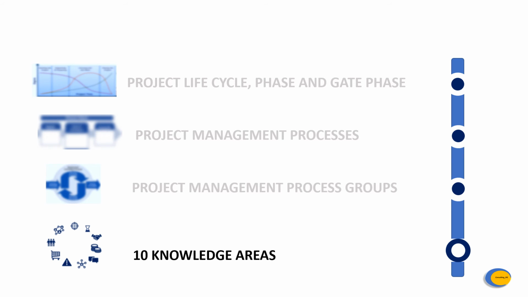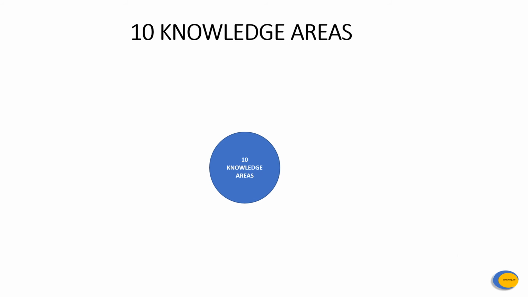Let's have a look at the 10 knowledge areas. A knowledge area illustrates a complete set of concepts, terms, and activities that make up an area of specialization of knowledge.